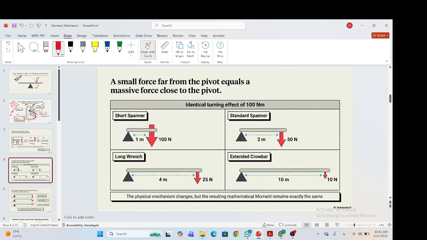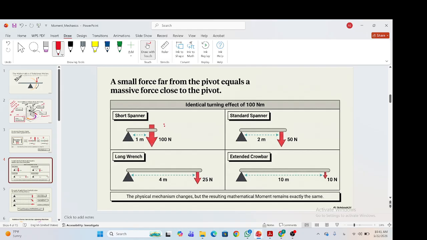And next, here we have different types of examples. Let's find the moment of these objects. For example, here we have a spanner, a can opener.